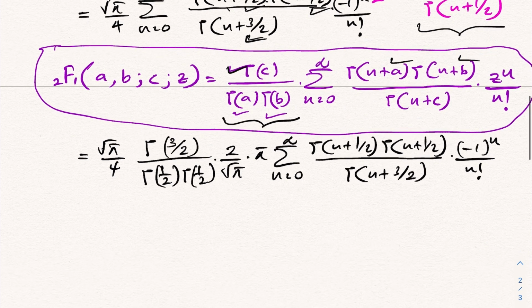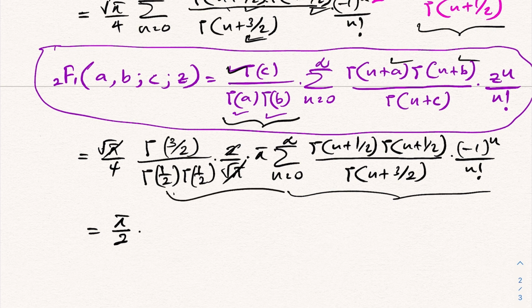Okay, then we know here square root of pi gets cancelled. These two also get cancelled. So now we have pi over 2 times gamma of 3 over 2, gamma of 1/2, gamma of 1/2 and this part. So we know this is equal to this hypergeometric function.